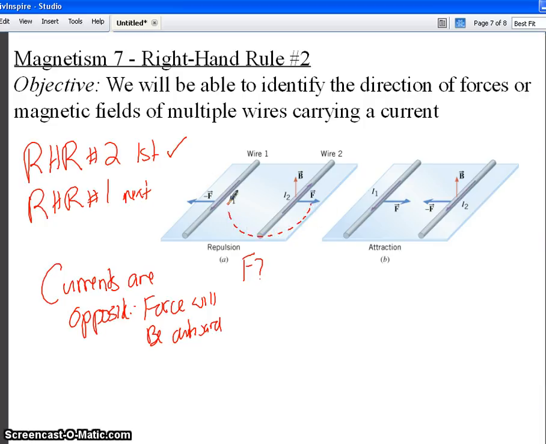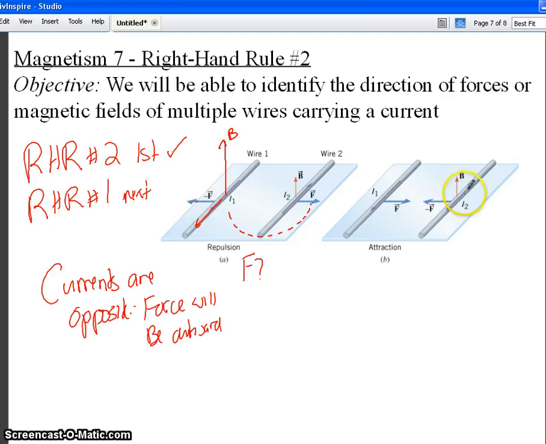My thumb is going down, I curl my hand around, my fingers would come into contact with this thing and they'd be pointing upward. So B is pointing upward. Okay? So if I do right-hand rule number 1 now, my fingers are pointing up, my thumb is pointing down this direction, my palm is facing outward, the force is outward.